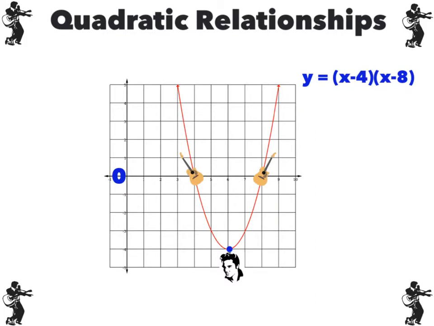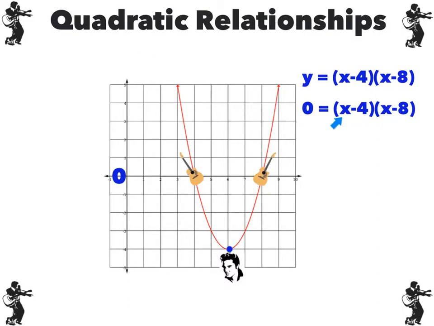Let's look at another example of a parabola and its factored form equation and see how we can find the x-intercepts from only using the factored form equation. If the x-intercepts are on the x-axis, their y-coordinate is going to be 0. There are two different ways that I can make this equation be 0.